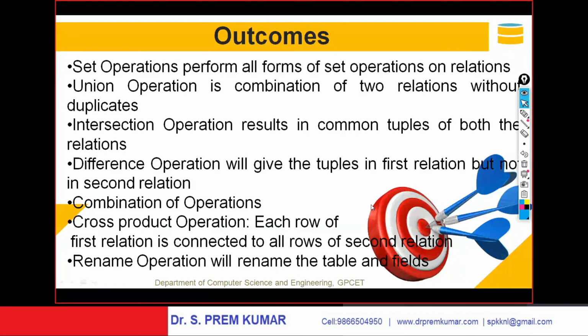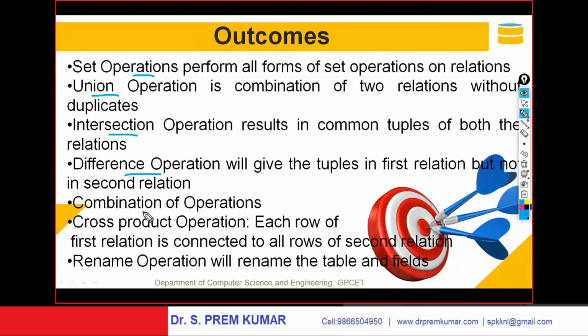So dear students, in this class, we came to know about the set operations. We came to know what is the union operation, that is the tuples of the first relation and second relation, eliminating duplicates. Intersection operation: the common tuples of the first relation and second relation will be resulted. Difference operation: the tuples which are available only in the first relation but not in the second relation.